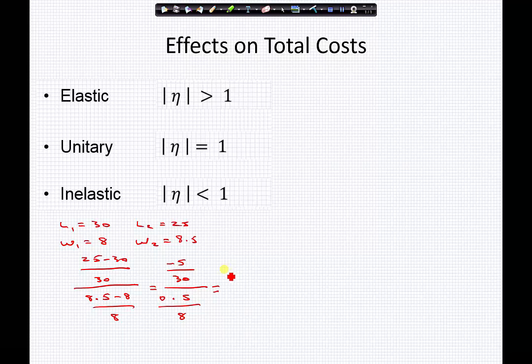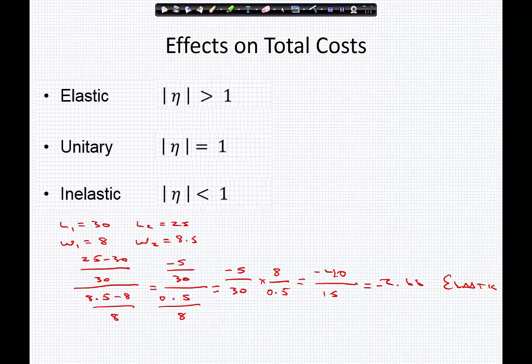And I'd prefer to look at that as negative 5 divided by 30 times 8 divided by 0.5. And that'll give us an output of negative 40 divided by 15, or negative 2.66, which is clearly elastic.